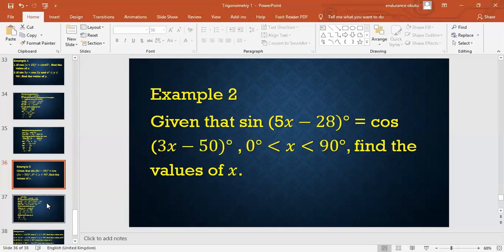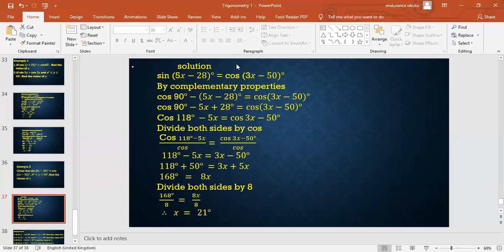Now let's look at the solution. This is the question: sine (5x minus 28) degrees equals cos (3x minus 50) degrees.